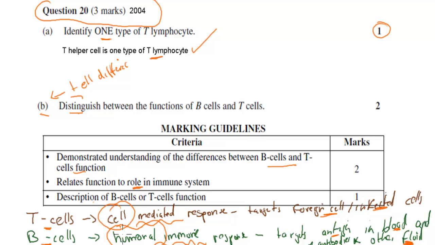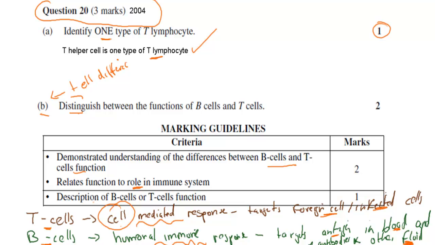So the humoral immune response will target anything that is in fluid, which could be extracellular fluid, blood, or lymph. Whereas the T cells will actually kill cells. So it's slightly different. The humoral immune response targets different substances in blood and fluid, whereas the T cells directly kill the cells that are infected, or foreign cells.